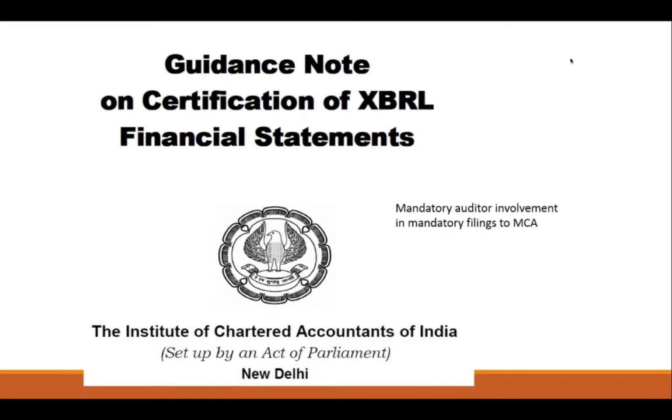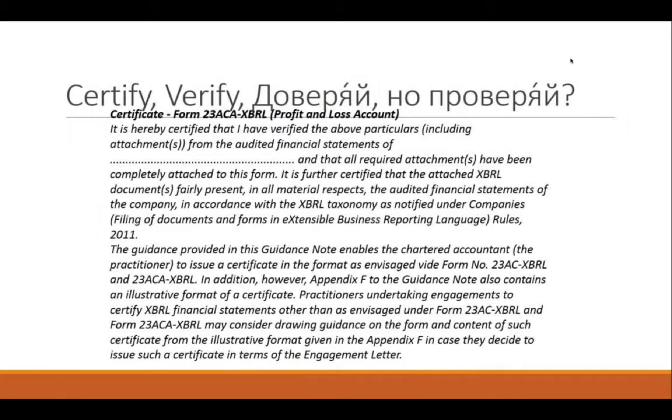And this is an example of the certificate of XBRL financial statement issued in India. You can see that the contents in this certificate include that this XBRL formatted document fairly represents and includes all material respects of the audited financial statements of the company.